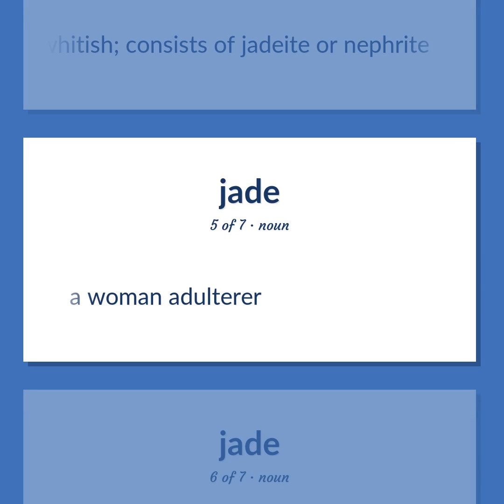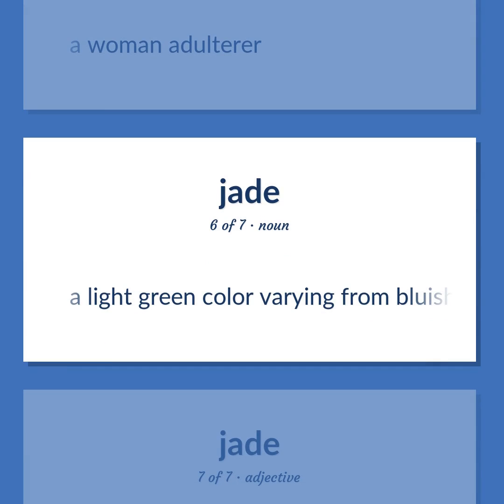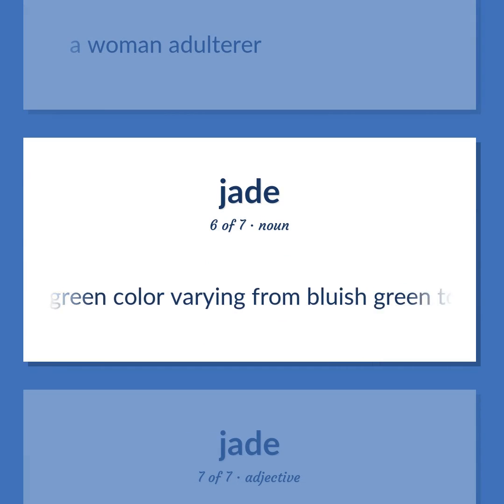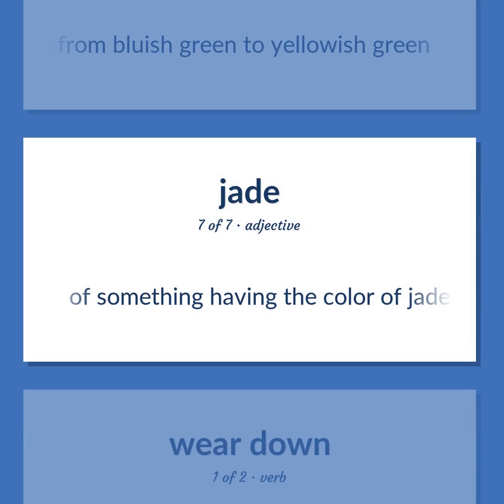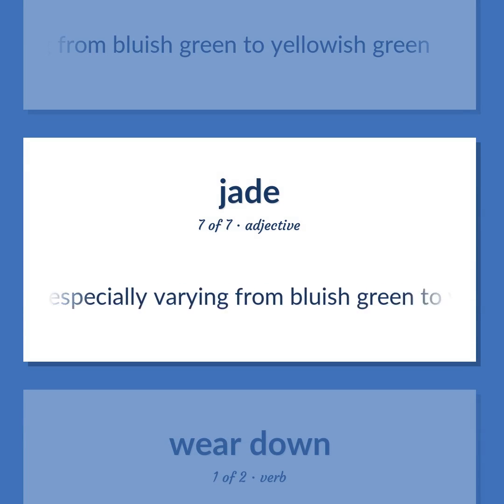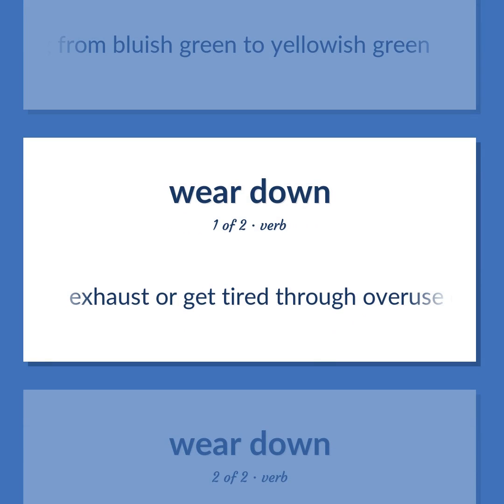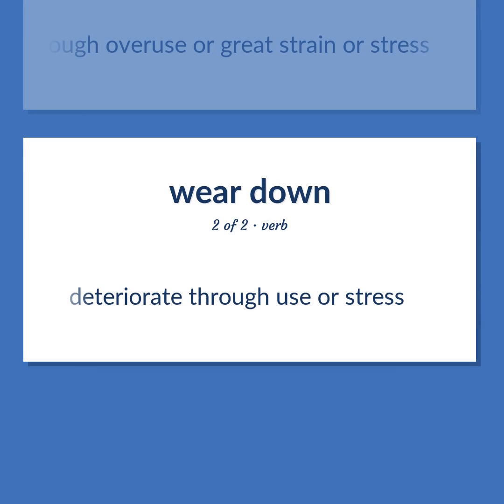A woman adulterer. A light green color varying from bluish green to yellowish green. Of something having the color of jade, especially varying from bluish green to yellowish green. Exhaust or get tired through overuse or great strain or stress. Deteriorate through use or stress.